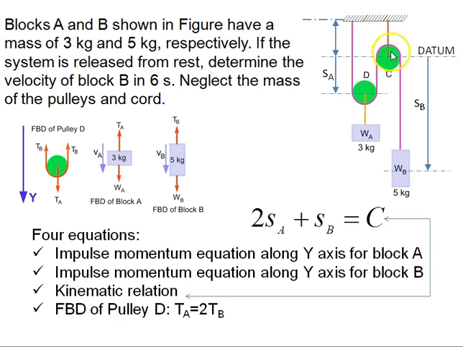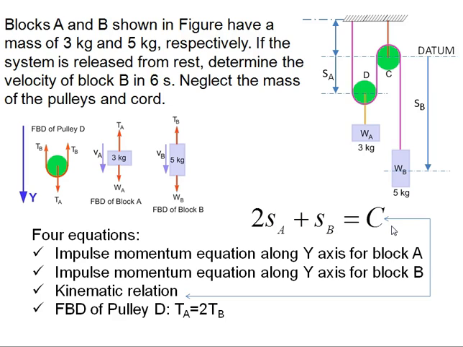So the total length of this rope L minus this distance, minus this wrap, minus this wrap must remain constant. What remains after that is this SA plus again SA plus SB. So 2SA plus SB better be constant.